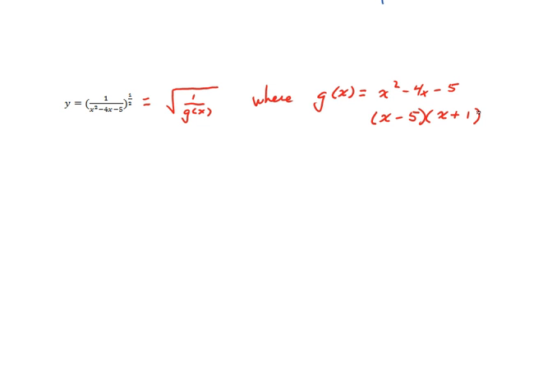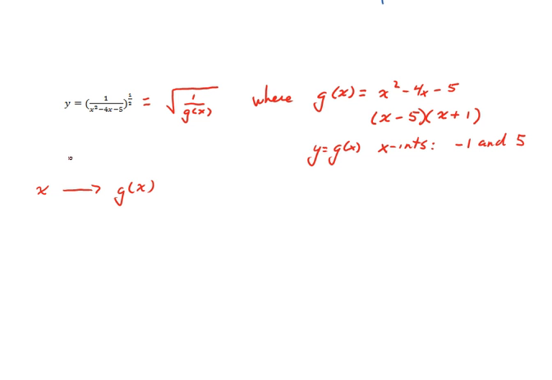So y equals g of x. We'll have x-intercepts at -1 and 5. Now let's think about inputting a value to g of x.